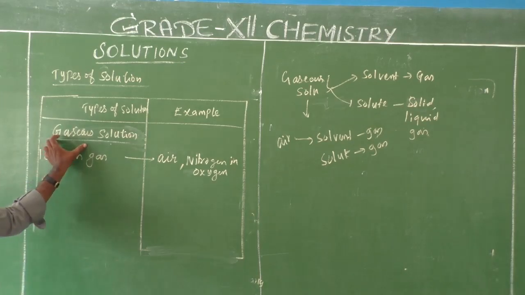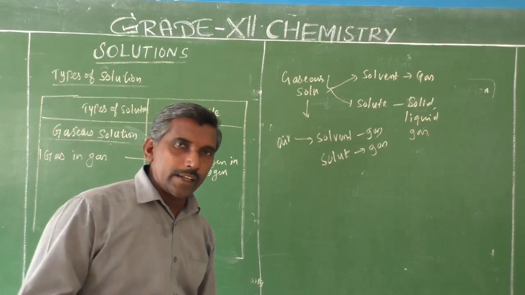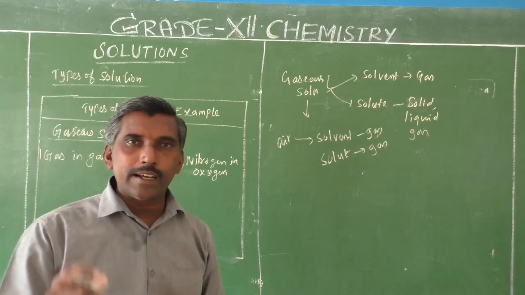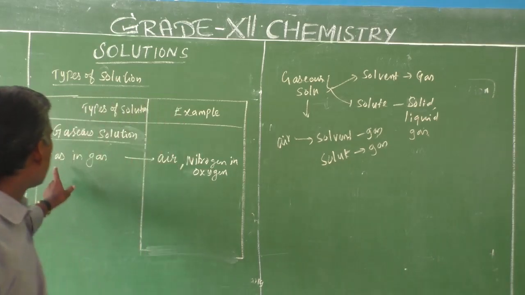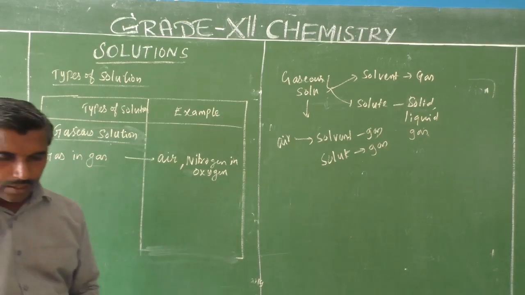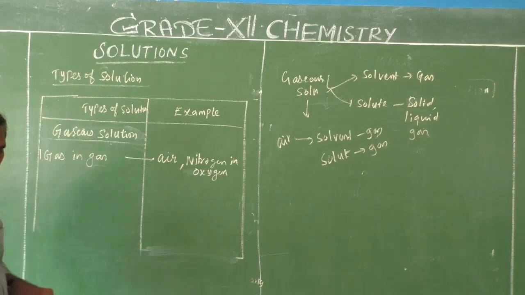First type, gaseous solution: here the solvent is compulsorily a gas, and the solute is solid, liquid or gas. Gas present in gas, like nitrogen in oxygen, and so on. Second, liquid in gas.